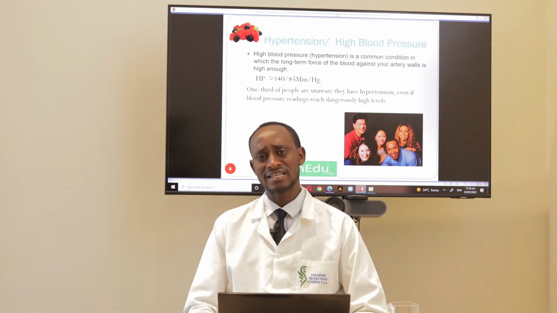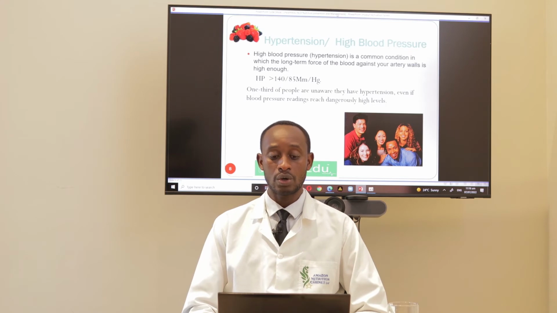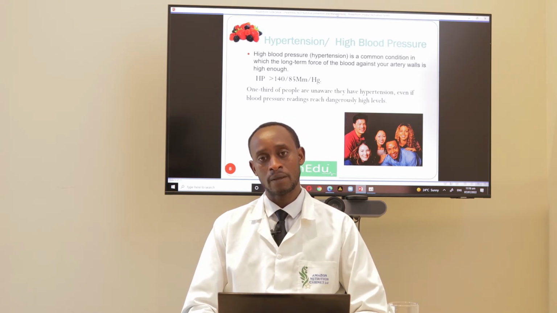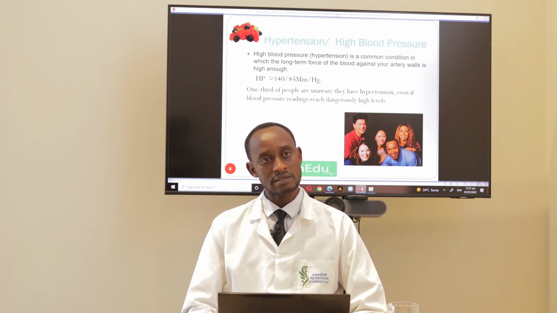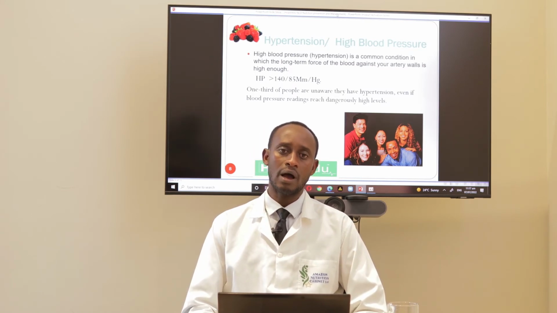So this is a silent killer. People may have high blood pressure and not know it. This is the reason why we normally advise health professionals to conduct awareness, educate the population, so that they can search for high blood pressure tests.